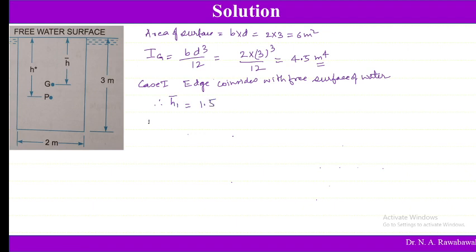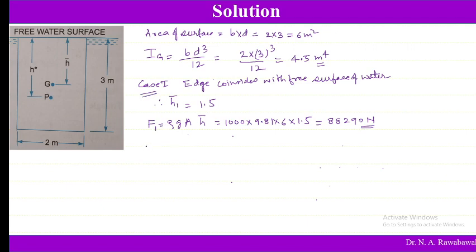So force F is equal to rho g A h bar. We know rho is equal to 1000, g is equal to 9.8, we can take it as 9.81 meter per second square, into area 6 meters square, into h bar 1.5, and after simplification we get force as 88,290 Newton. For the first case we call this F1.